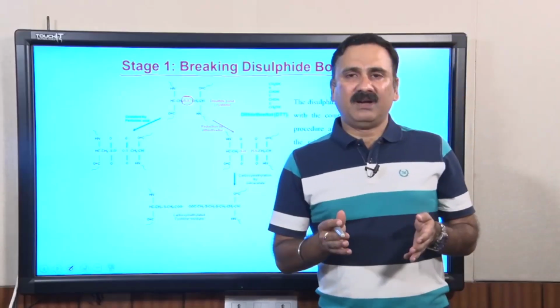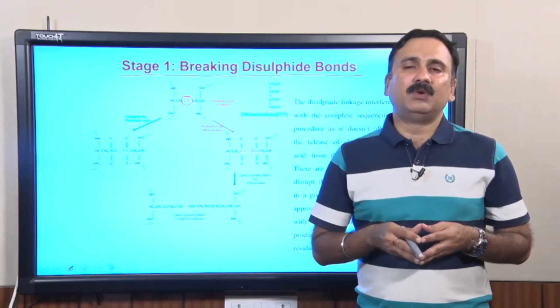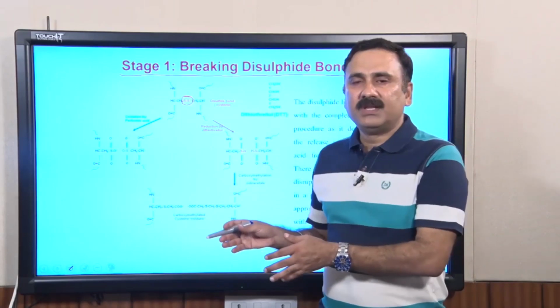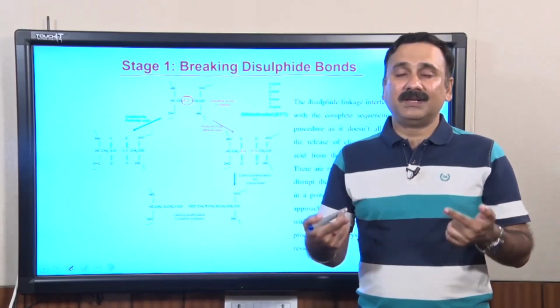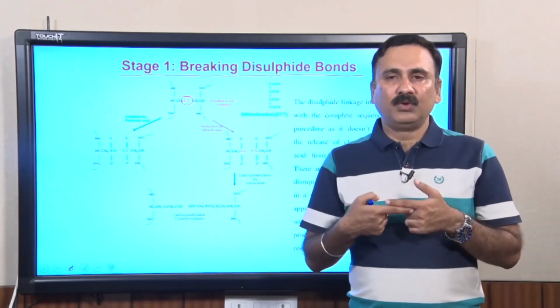And why is there a requirement of breaking the disulfide linkages? Because the disulfide linkages always interfere in deducing the final sequences, because they do not allow your monomeric sequences to be put together.